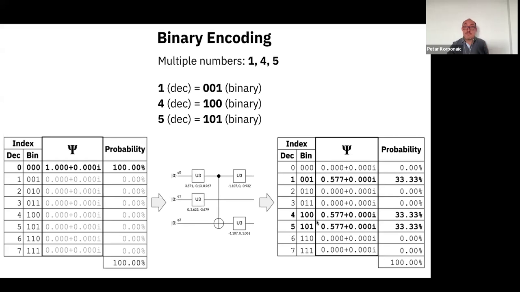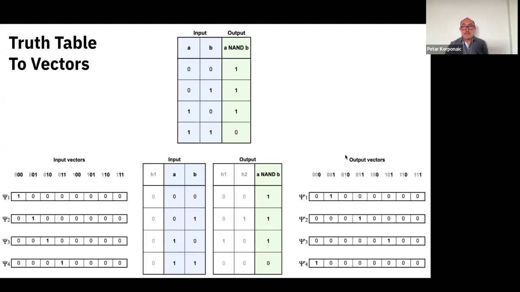And actually, into 3 qubits, we can encode 8 numbers. This is binary encoding. And this way, we can convert any truth table into a set of quantum vectors.